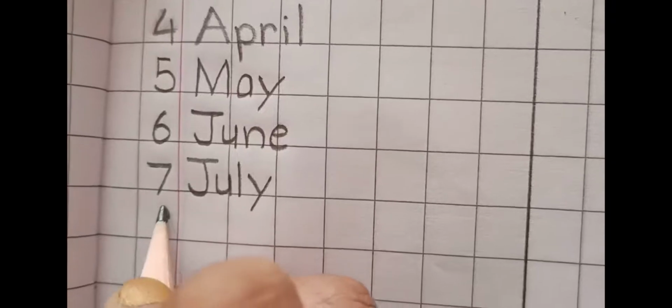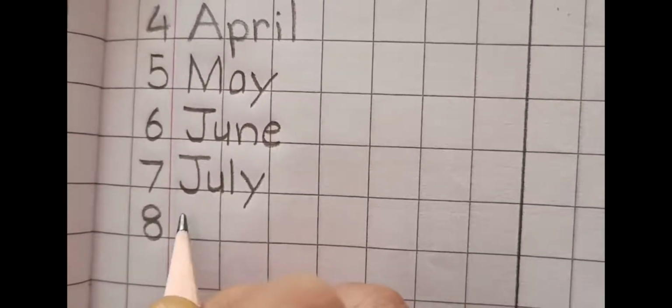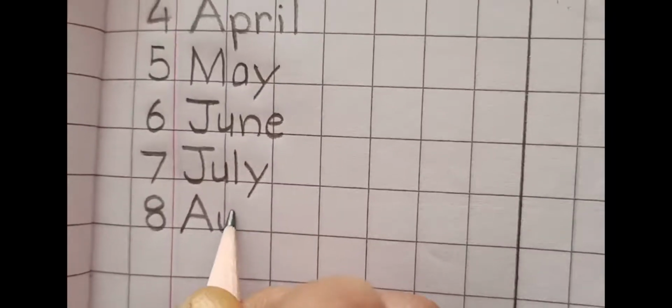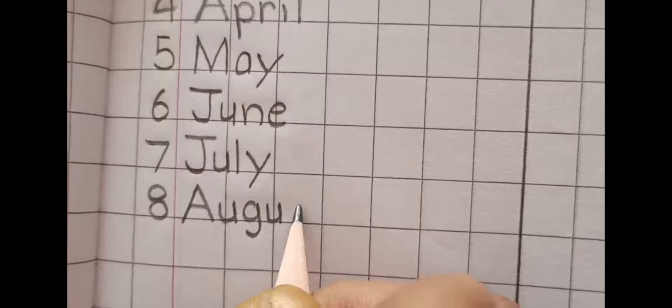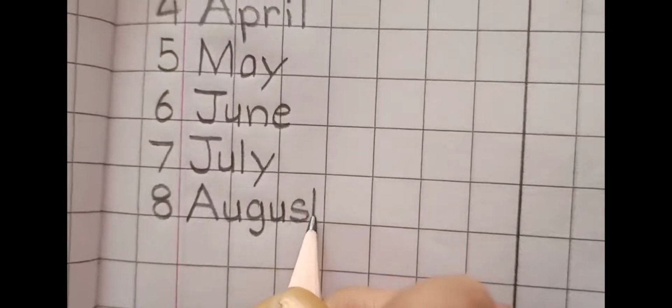Seventh month is July. Capital J, u, l, y, July. Eighth month is August. Capital A, u, g, u, s, t, August.